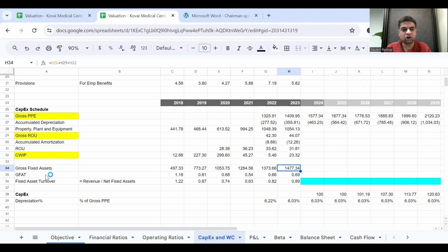Here I have the gross fixed asset turnover. You can see it was 1.18, then it reduced to 0.69. And I've spoken at length about how the fixed asset turnover ratios have moved in the past in the financial statement analysis videos. That is because they took a bunch of debt to construct the medical hospitals.